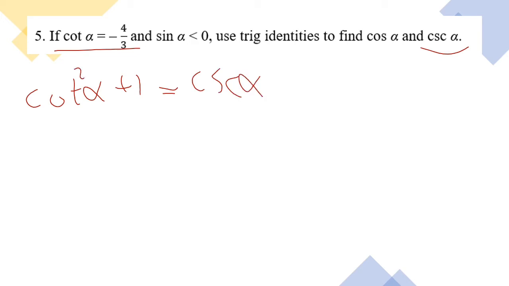And of course this is a Pythagorean identity, so these have to be squared. So let's square them. We already have it solved for cosecant squared alpha. So cotangent squared alpha, I will have to square the 4 over 3, which will become 16 over 9. And then that's plus 1.